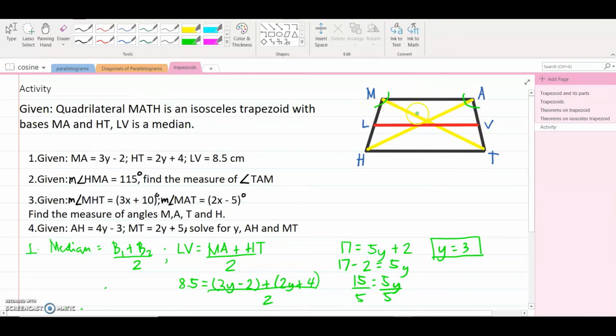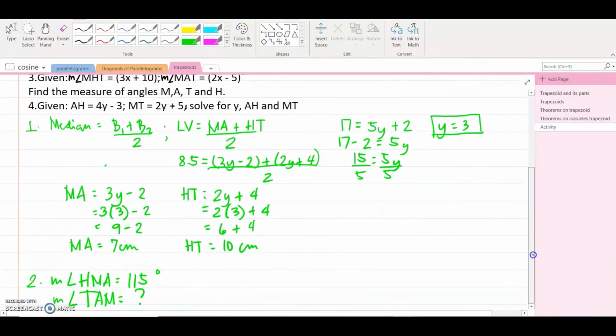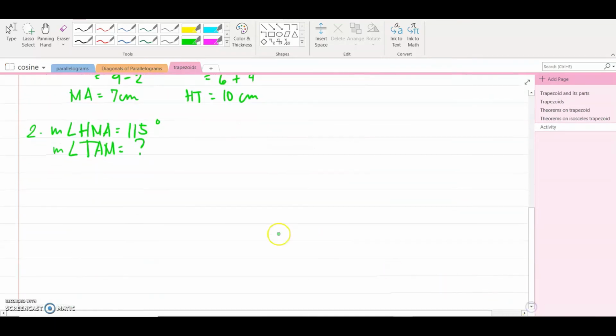Obviously, angles M and A, the middle letter of the name of each angle, are base angles.